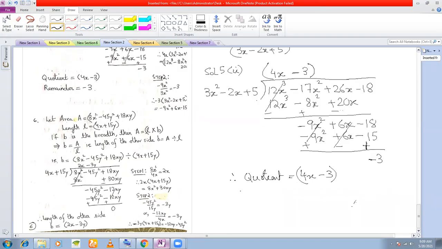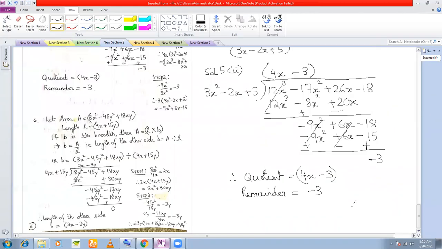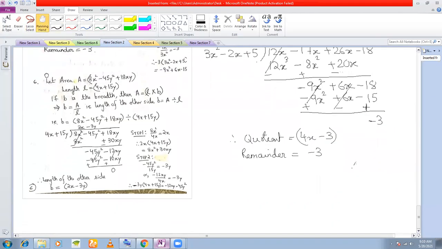And the remainder here is minus 3. You can check with the method I told you, to check whether you have done your division correctly or not: divisor into quotient plus remainder. So that finishes off this sum.